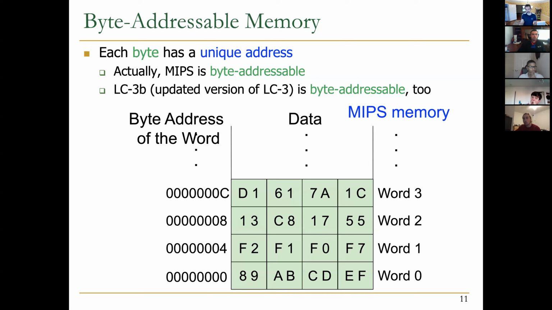Essentially this points to EF as byte number 0, but I think you should have heard about this, that you have 2 different models, big endian and little endian. I will discuss it a bit later.